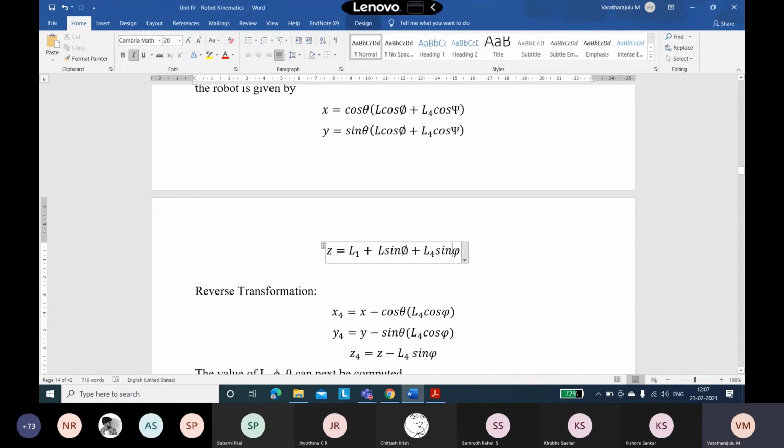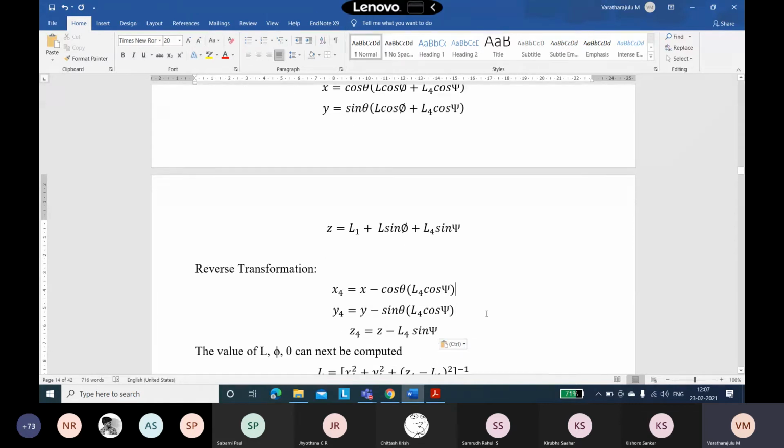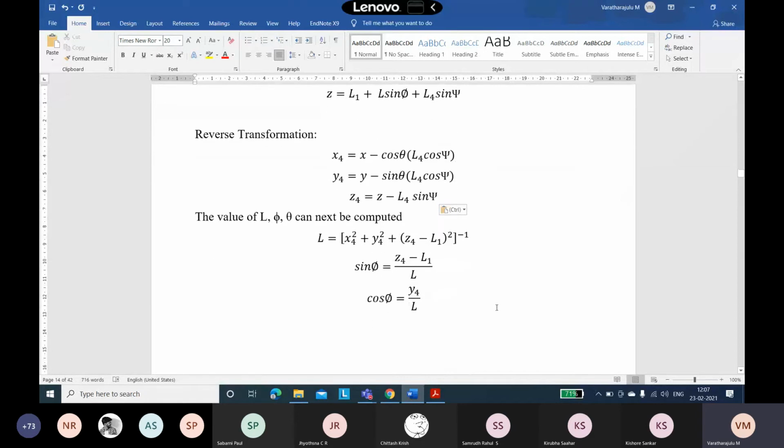You can use this symbol instead. Then you have L, phi, and theta, the relation between L, phi, and theta. This is theta. This is not phi, this is theta.